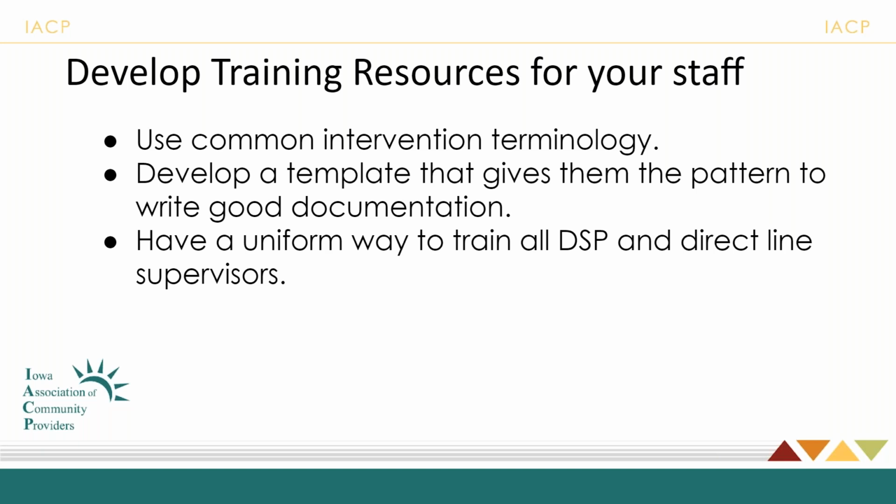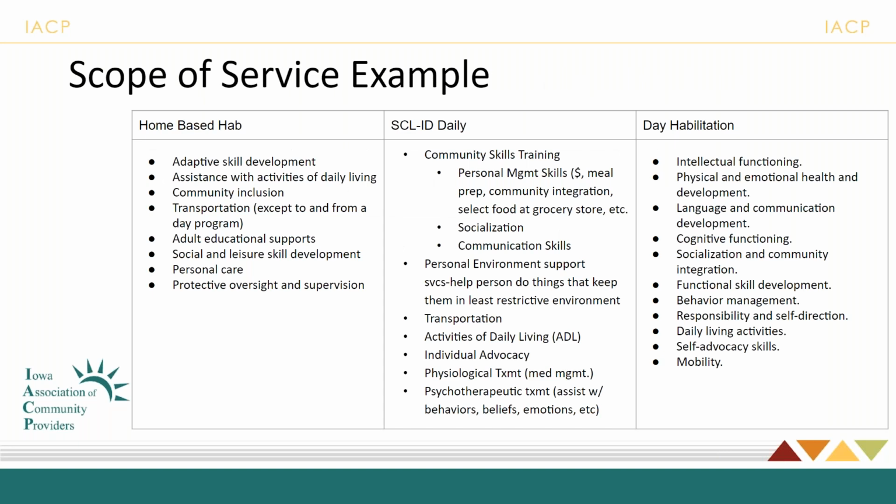If you're a smaller agency, I would highly suggest that you have one person train all your new people. Our agency is larger and that doesn't really work, so we really work hard to have one person train all our direct line supervisors. But whatever works for your agency. So this is just an example of a scope of service.